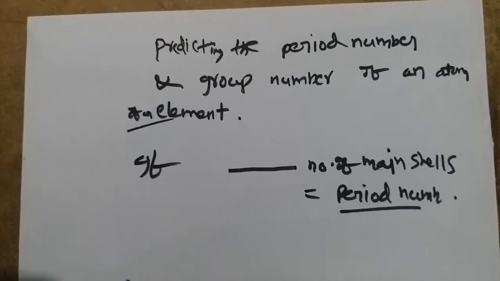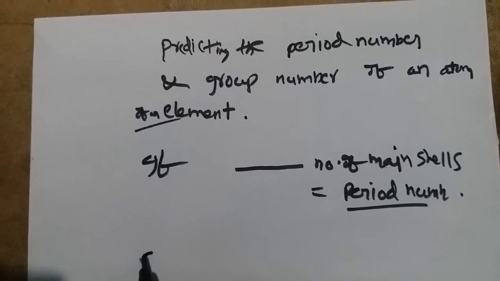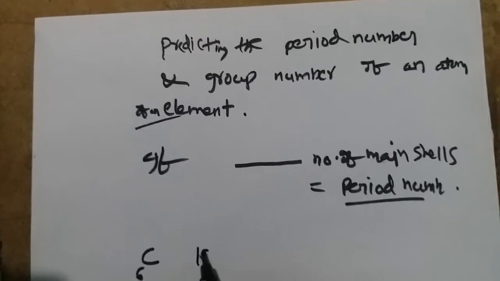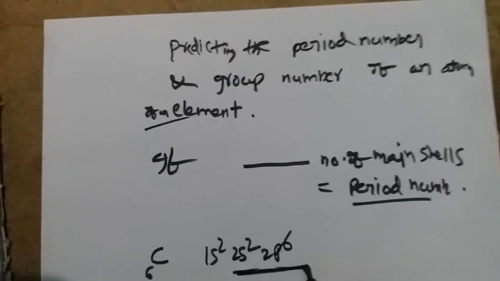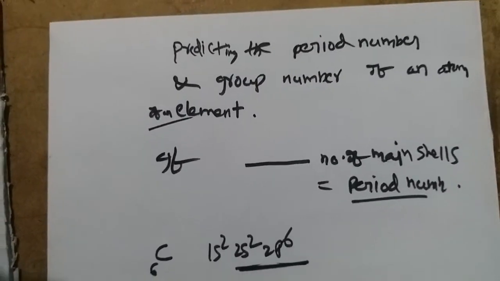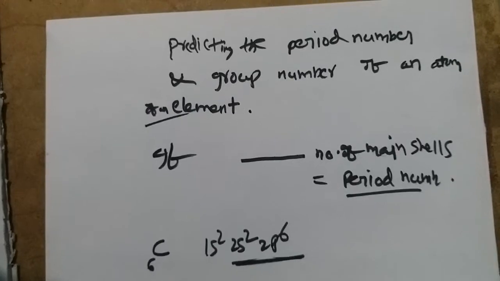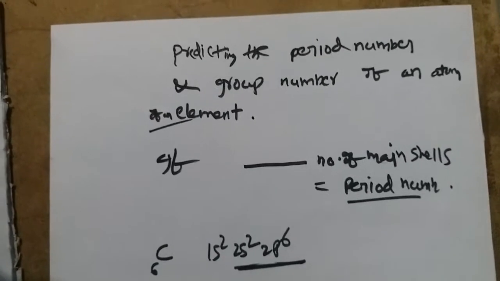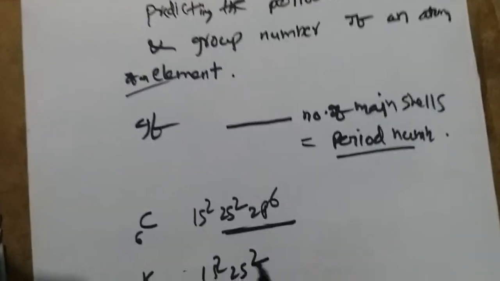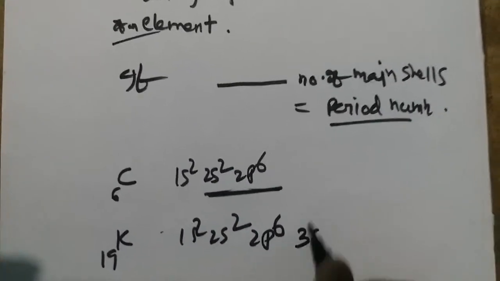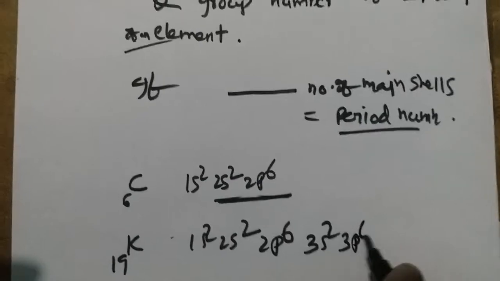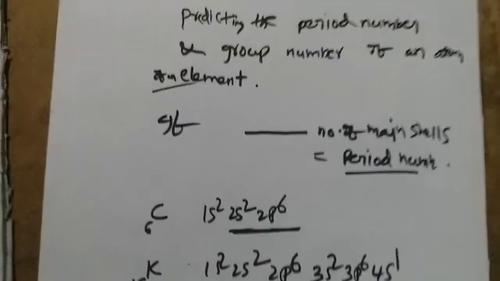Very easy. Take carbon 6: 1s2, 2s2, 2p2, and take potassium 19: 1s2, 2s2, 2p6, 3s2, 3p6, 4s1.